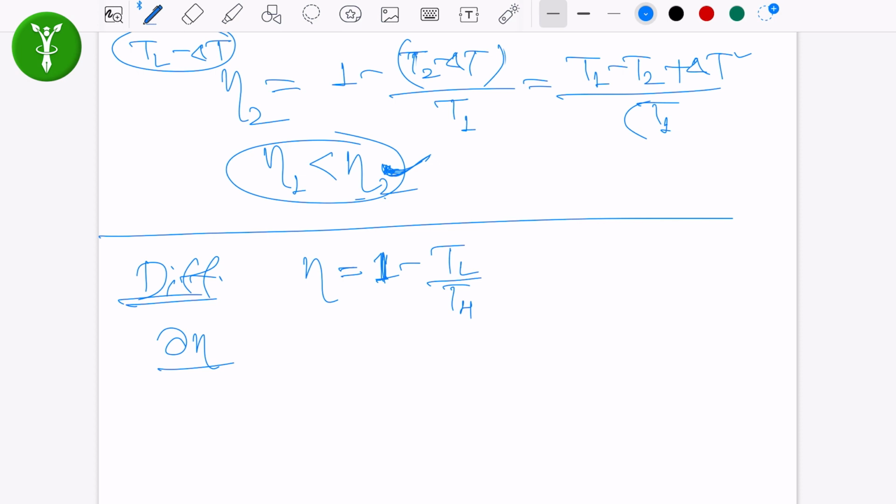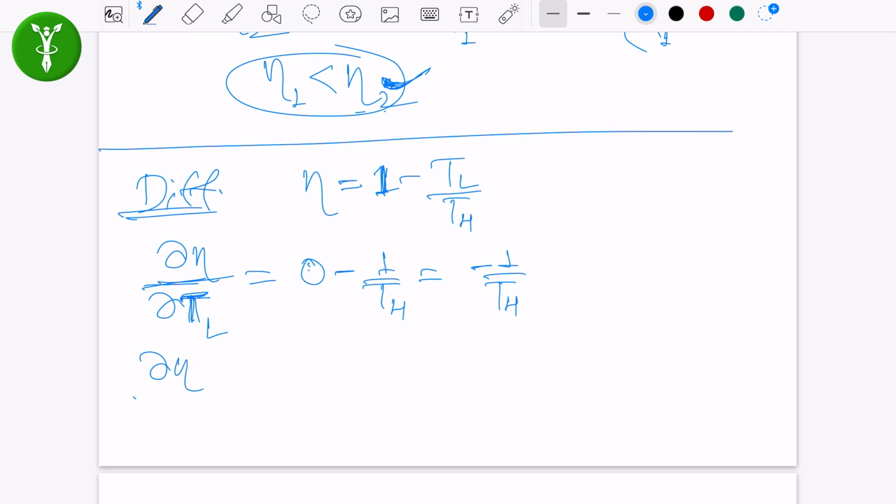with respect to both, like the total change, if I do the maths here with respect to TL, the lower temperature reservoir, this will be 0 minus 1 by TH, so minus 1 by TH. And the efficiency with respect to TH, this will be 0 minus TL, which will be constant, and the differentiation of 1 by TH will be minus 1 by TH square.